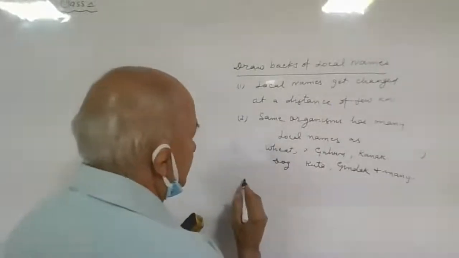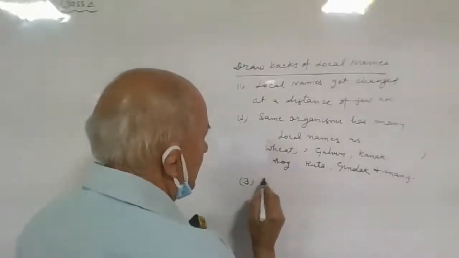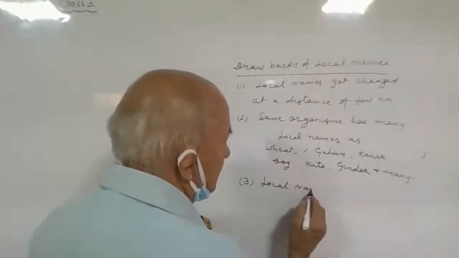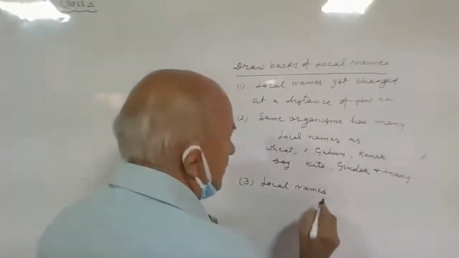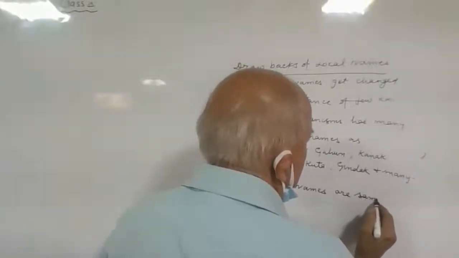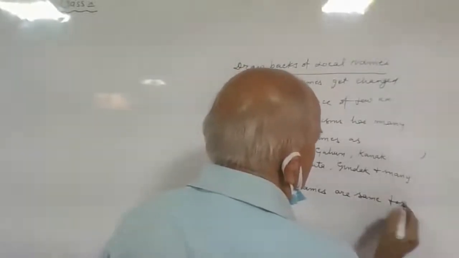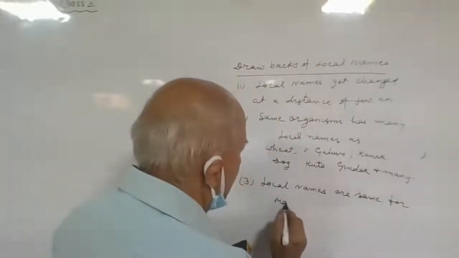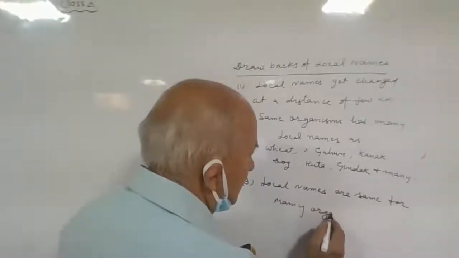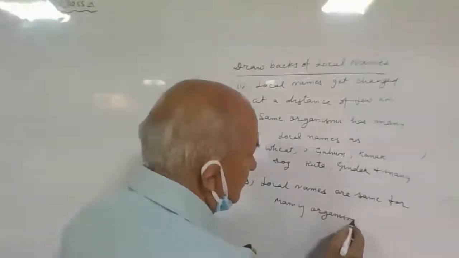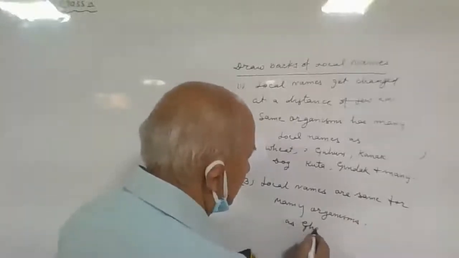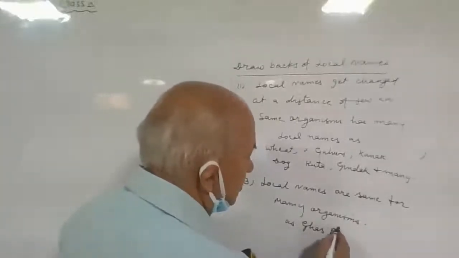Third, local names are the same for many organisms, as grass foods.